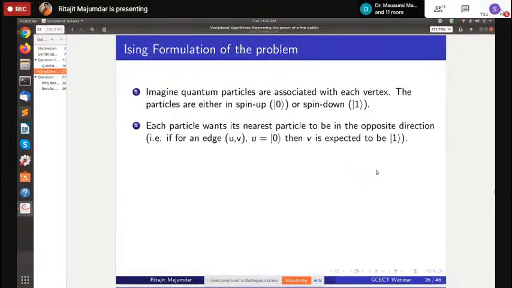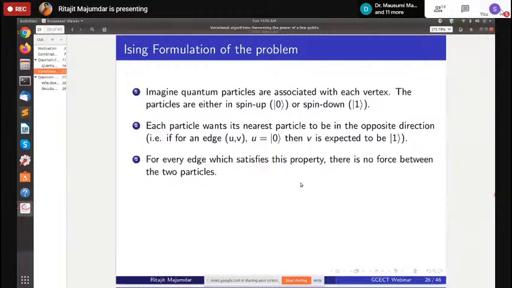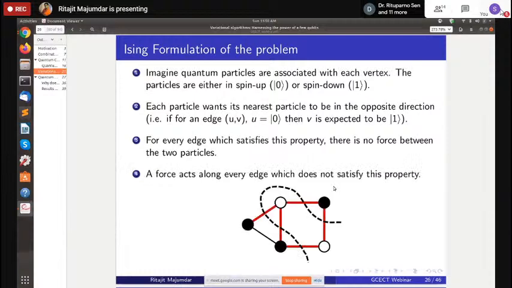So the same thing we'll think about here: if we cannot satisfy this property for a particular edge, then there will be a force acting along that edge. And if we can, there will be no force. So you can think of it like 2 magnets, north poles taken together. So there is a force acting along this black edge. And here, this is North Pole, this is South Pole, so there is no force acting.